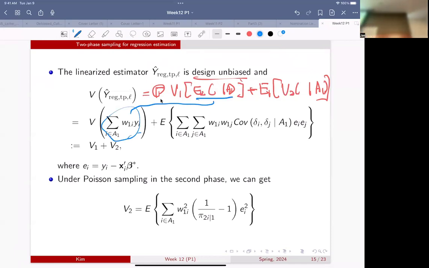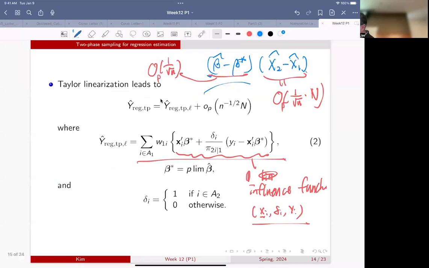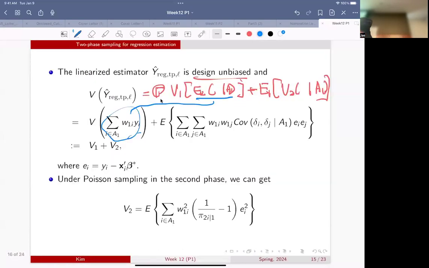And the second part is, conditional on A1, the only random variable is delta. So that means you need to worry about the conditional covariance of this.